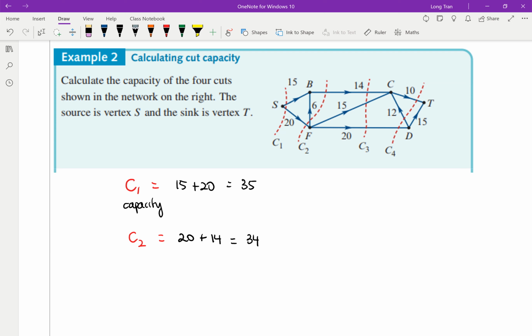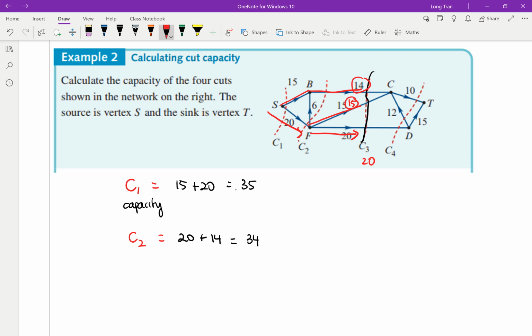And if you then have a look at cut number 3, again there are 3 cuts there. The 20 from S to F comes down, so I can still go 20 and it gets cut. So at this point, I still have 20 on this edge. And on this side here, there's a flow of 15, so I would have a flow of 15 coming out this way. And then from here, S to B was 15, but it gets funneled at 14 by the time it gets cut.